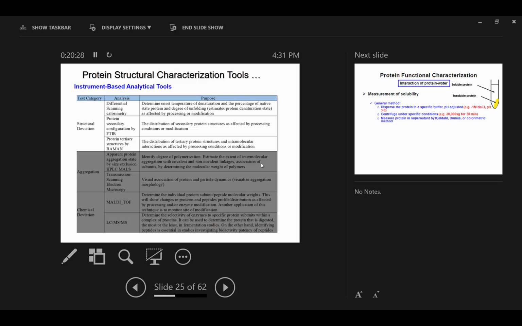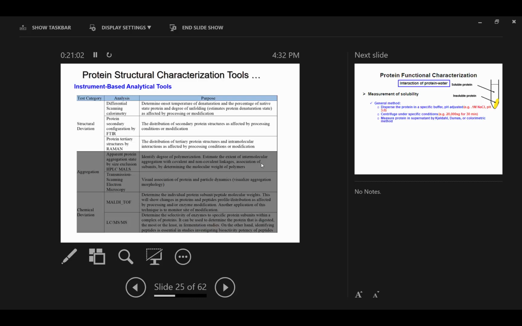For this, for example, you can determine the actual molecular size of the protein, and you can also determine what happens to the protein upon enzymatic modification, or at which site on the protein a sugar bound, for example. LC-MS is mostly used for identification purposes and sequencing. If you're looking at the sequence of a particular peptide, you can do that with LC-MS.